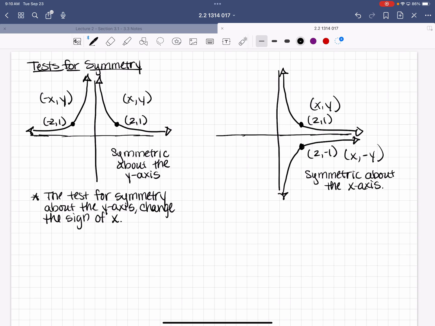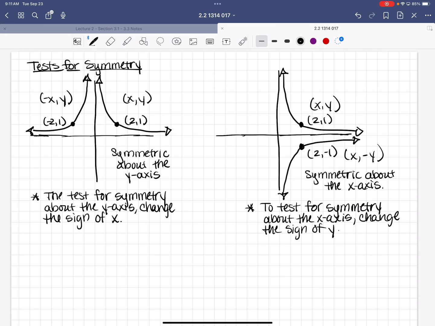Okay, so that's why we listed things like, this is xy, and here I have x, negative y, right? So when we test for symmetry about the x-axis, we want to change the sign of y.